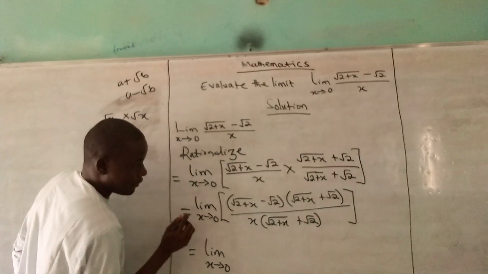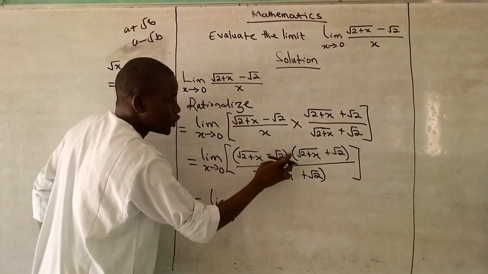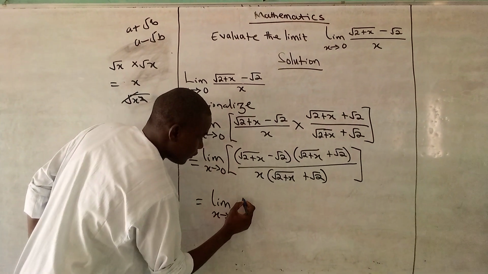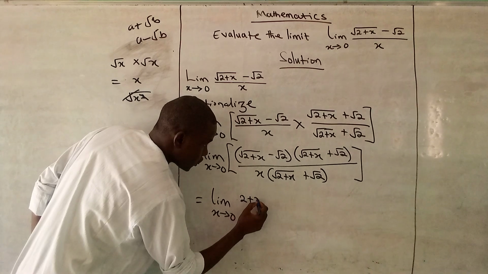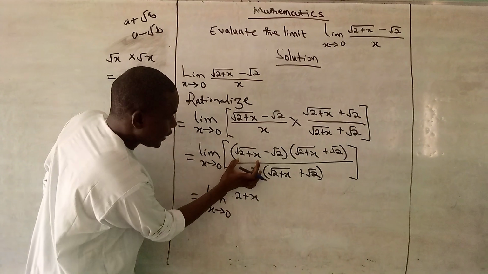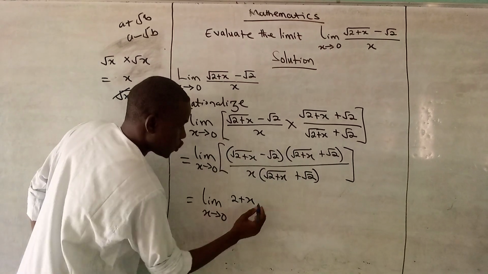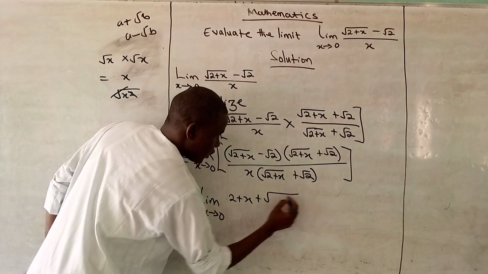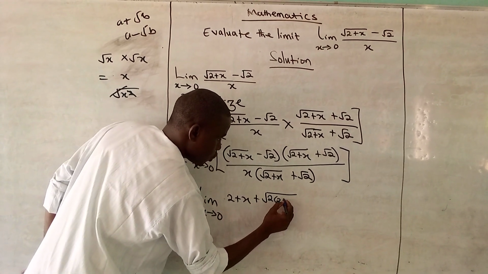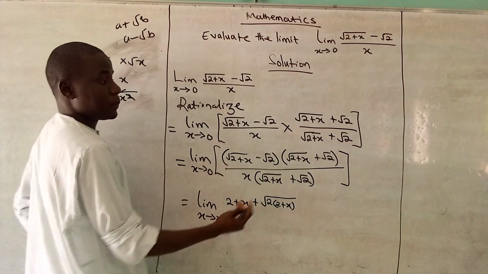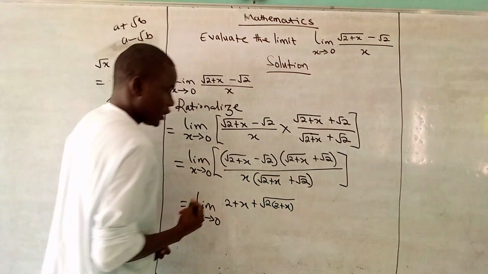So we have root of 2 plus x times root of 2 plus x, which is 2 plus x. Then root of 2 plus x times root 2, so plus, we multiply them under the same square root, 2 times 2 plus x.